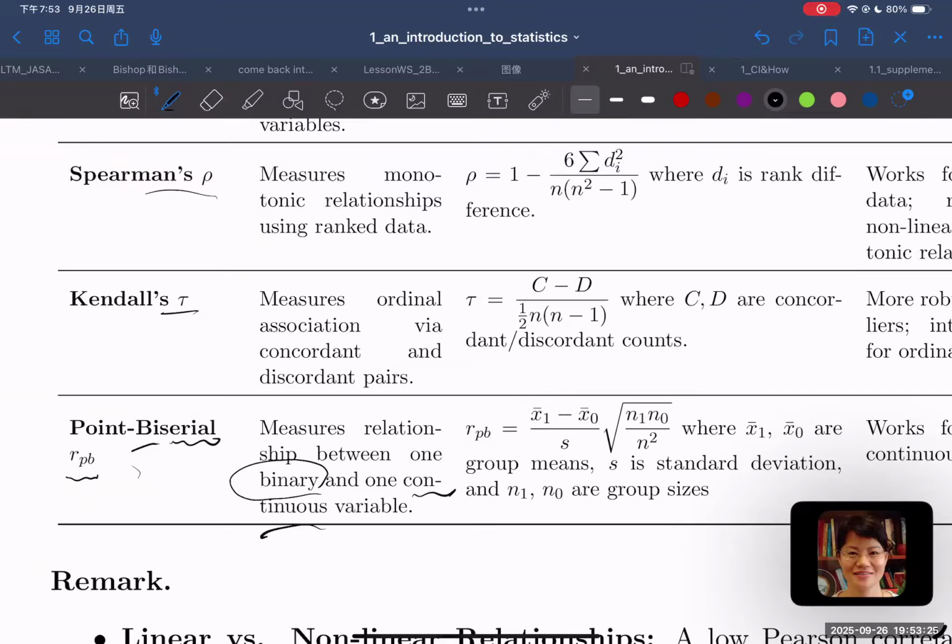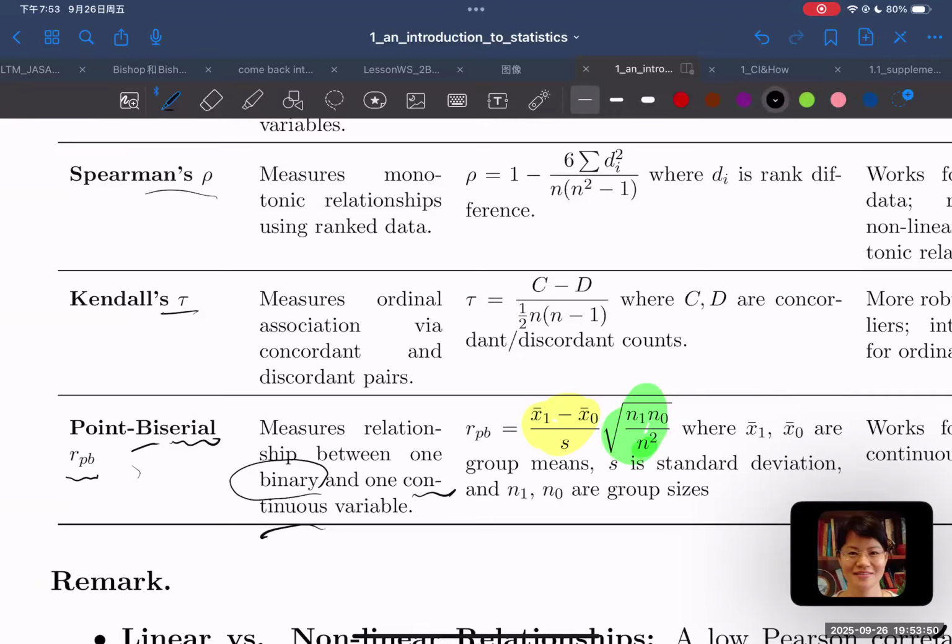So this one is very special. If the continuous and the discrete are mixed together, usually mathematically it's harder. So this one provides you some measurements, and you can use these two to do the product. And this one works. So this is the point biserial.